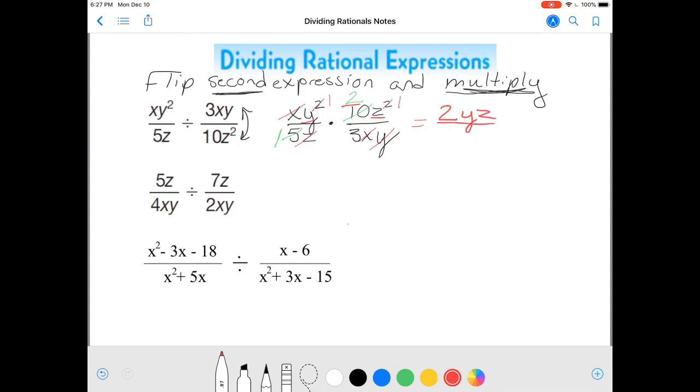Then in the denominator, all we have left is 1 times 3, which is 3. So that is our divided and simplified rational function.